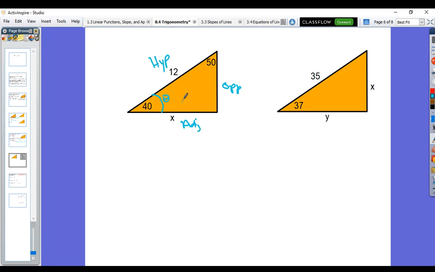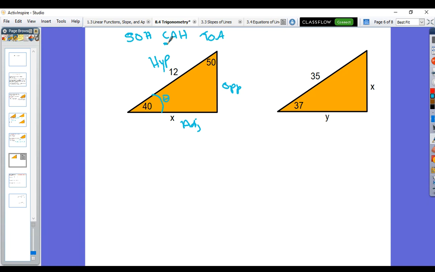So we're going to set this up using SOHCAHTOA. We are looking for the adjacent and we have the hypotenuse. Which of these uses adjacent and hypotenuse? Cosine.